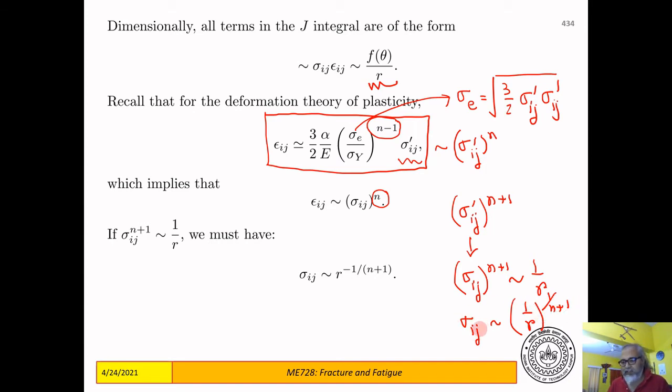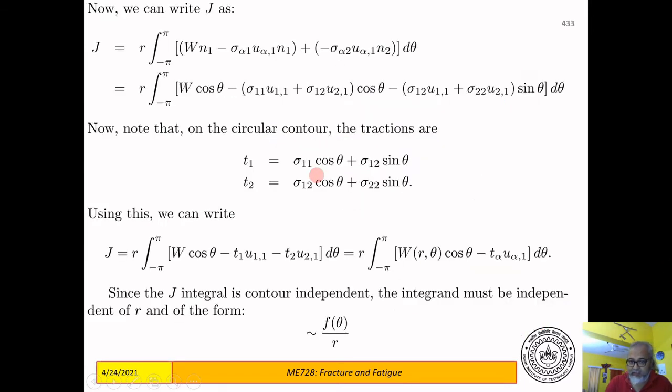But for the elastoplastic case, the stresses in front of the crack tip should go as 1 by r to the power 1 by n plus 1, where n is your work hardening index. So this is what the scaling analysis, starting with the path independence of the J integral, gives us.